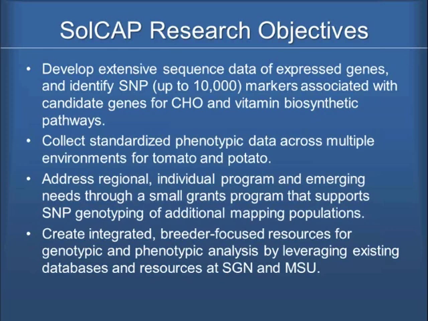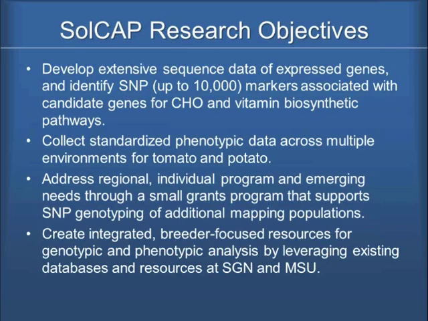But I think the bottom line right here is that we need to create these integrated breeder-focused resources, so these databases and browsers that are developed. What Robin talked about, with her browser, I think is really critical.